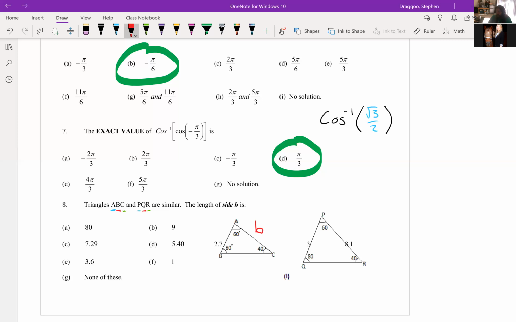Which means we should be able to set up a similar triangle equation. So they like this: B divided by the side it's similar to, which is 8.1, is equal to 2.7 divided by 3.